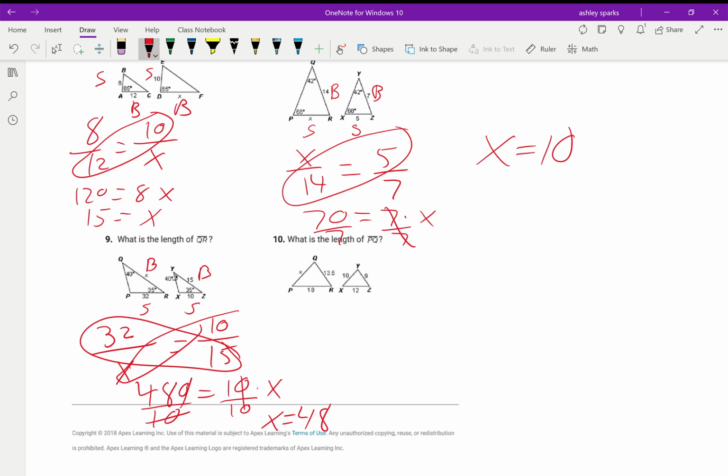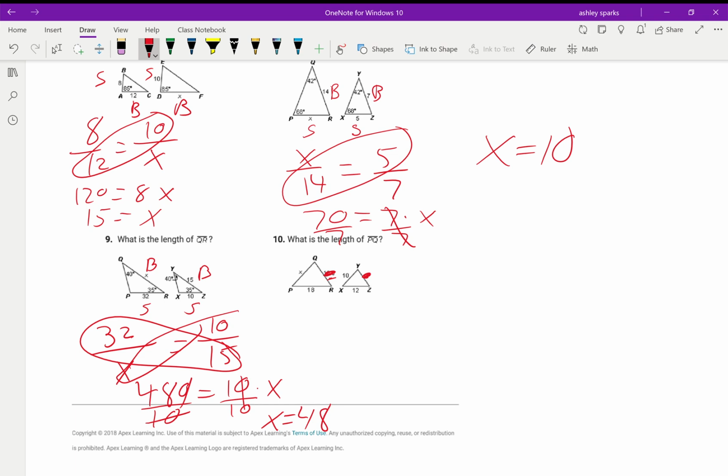Last one is another one where we have multiple options here. What I would personally do, I see a decimal here. I don't really want to work with that decimal. That 13.5 looks to be my smallest side. So I'm going to cross out this 9 over here. That's just personal.